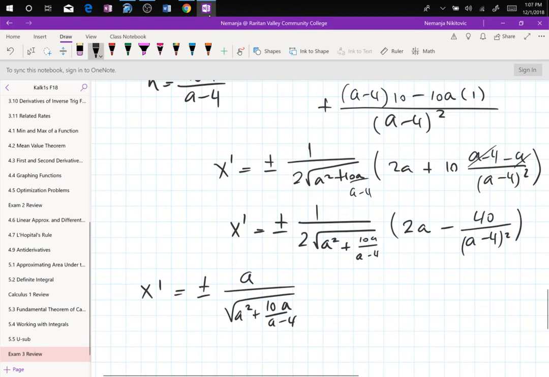And when you distribute to the second one, you have minus 20 over 2 times this times that, A minus 4 squared.